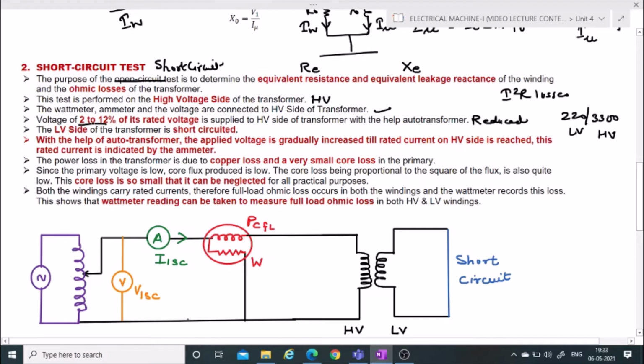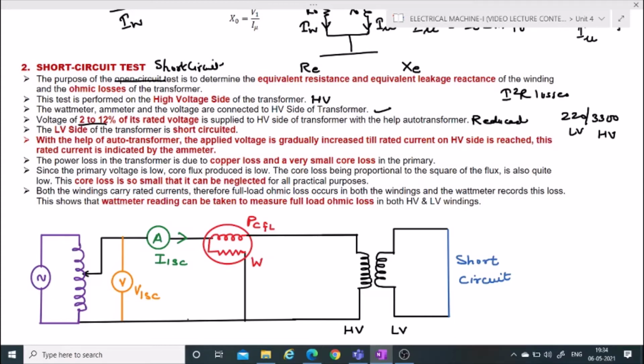How do we judge how much voltage to give? We give the input voltage through the auto transformer and gradually increase it slowly and slowly, keeping an eye on the ammeter.